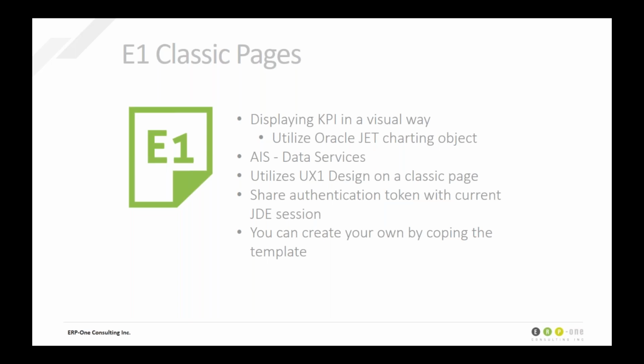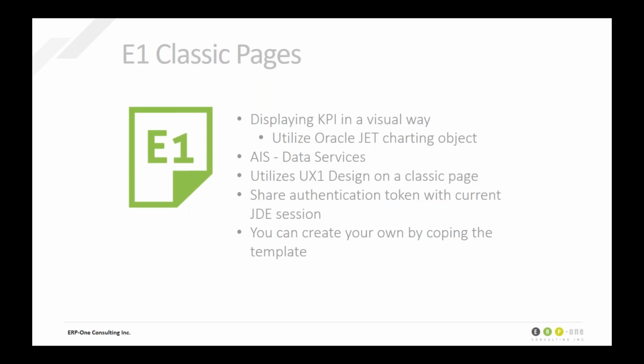The classic pages are another way to display key KPIs or key performance indicators in a new visual way, and we're using the Oracle Jet charting object. It uses AIS's data services, so we're just retrieving data, what Terry showed us a few minutes ago, and then throwing it into the charting object to see it.